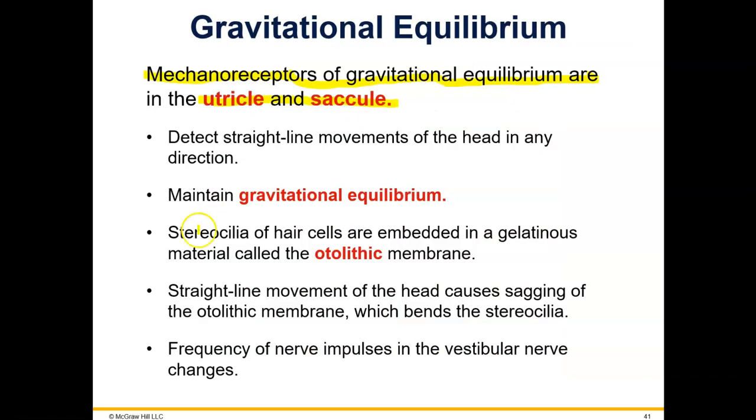They detect movements of the head in any direction and help maintain gravitational equilibrium. Basically, you have stereocilia from the hair cells embedded in a gelatinous material called the otolithic membrane, and movements of the head cause sagging of that membrane, and that will bend those stereocilia. Then the nerve impulse is transmitted to the vestibular nerve.